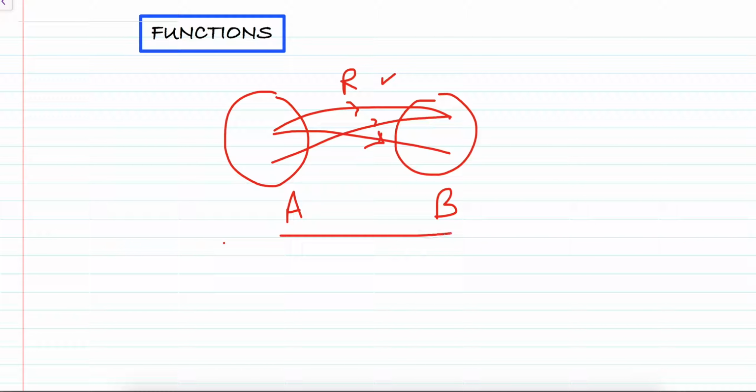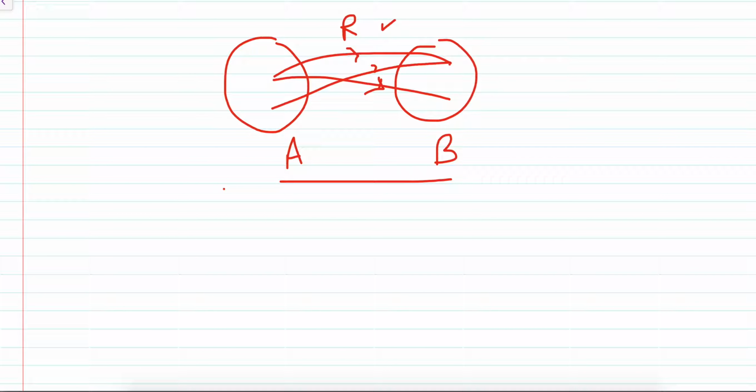We will see why it's so. Formally we say that a relation f from a set A to a set B is said to be a function if every element of set A has one and only one image in set B.